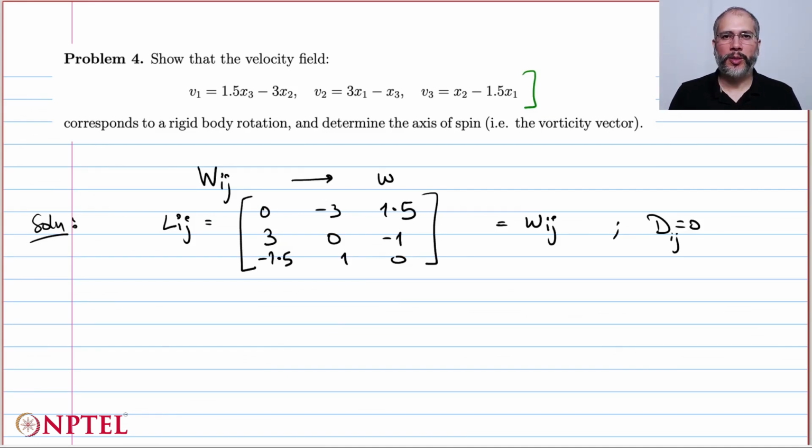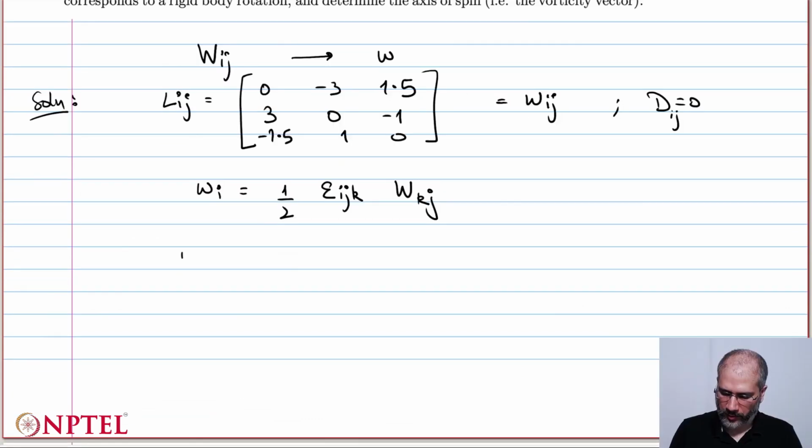So for this rigid body rotation case, we can define a dual vector omega i as half epsilon ijk times the spin tensor wkj. So if I put i equal to 1, I get omega 1 as half epsilon 1jk wkj, and this I'll expand over j and k because they are dummy indices.